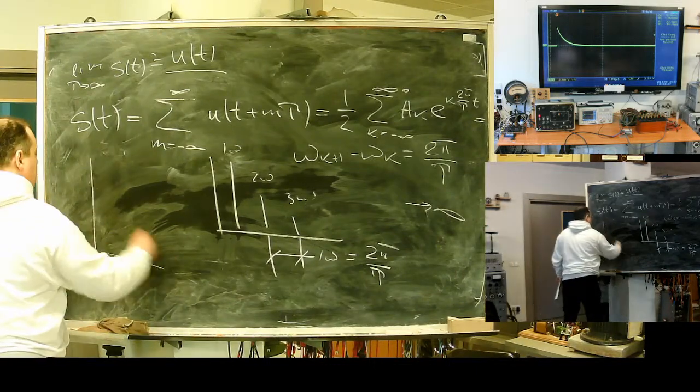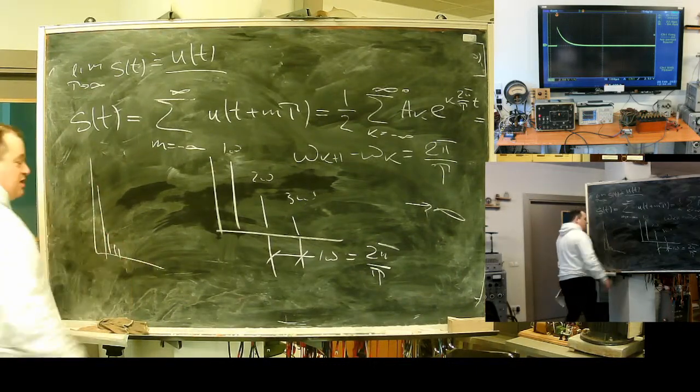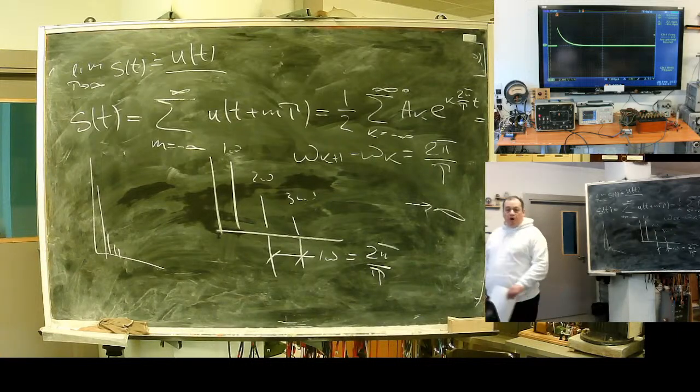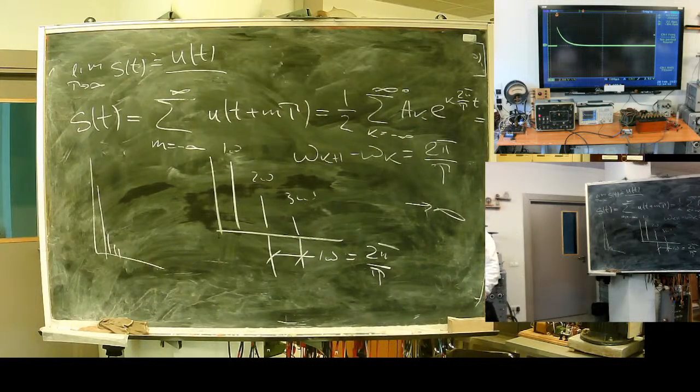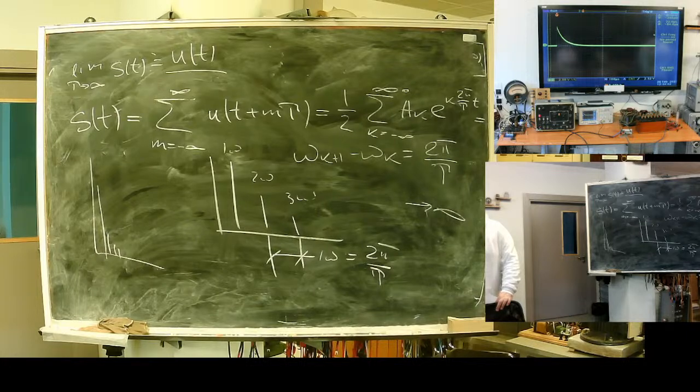When we have the spectral lines closer, closer, and closer, at the end they will form one solid figure. And what the sum will become? Sum of infinite number of infinitely close lines. What is?